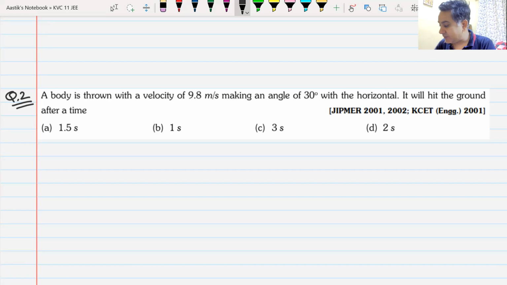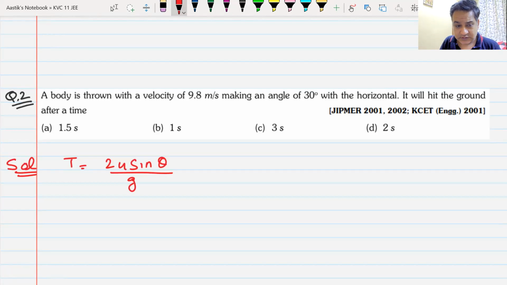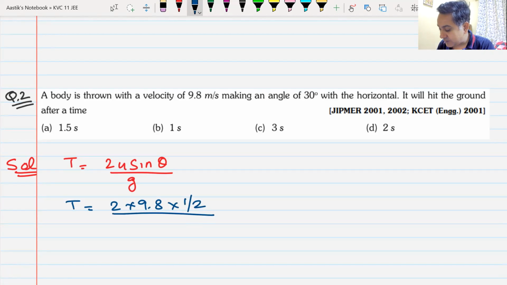You had to find time of flight. The formula is 2u sin theta by g. I don't understand what you are calculating for so long. So time of flight is 2 into 9.8 into sin theta, which is half, divided by g, which is 9.8, and the answer is 1 second. What were you calculating for so long?